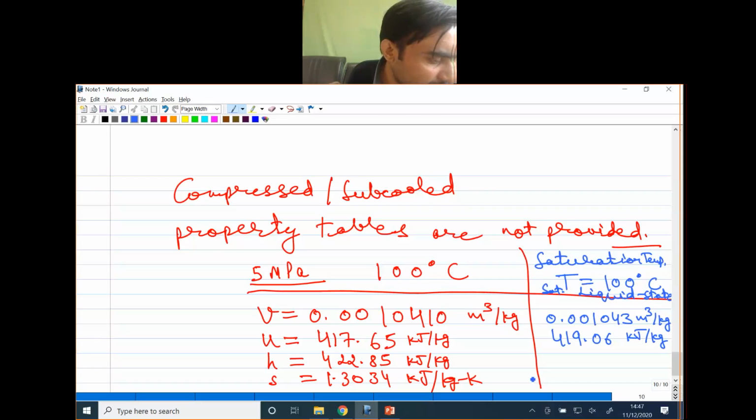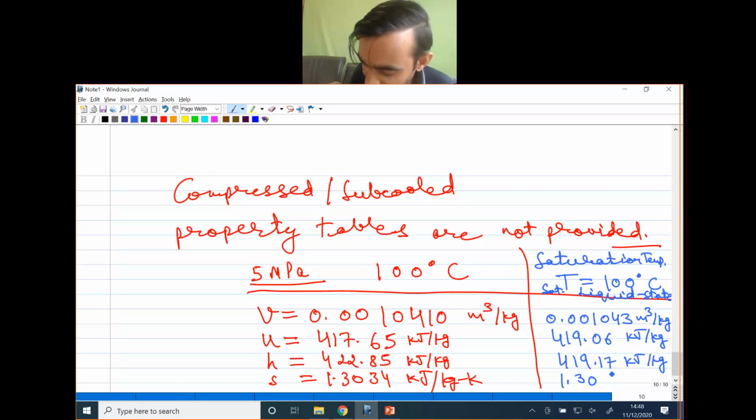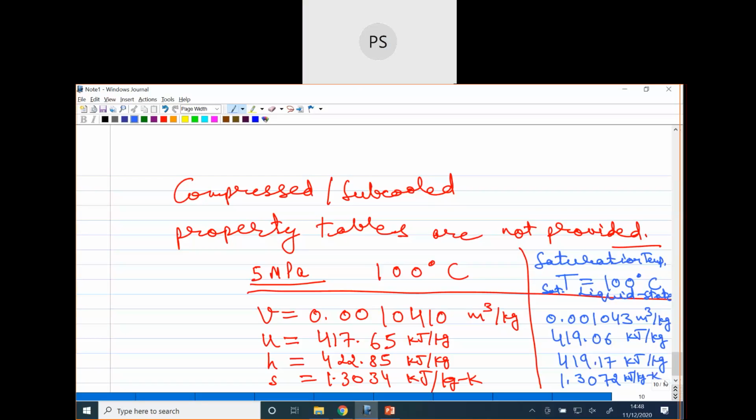The enthalpy is equal to 419.17 kilojoule per kg, and the entropy of liquid is 1.30 kilojoule per kg Kelvin.